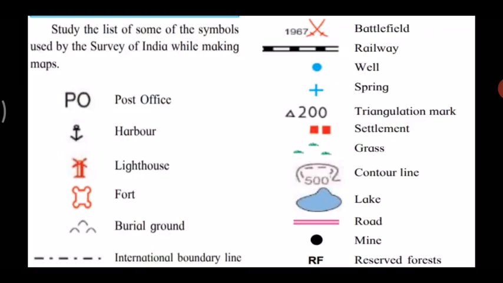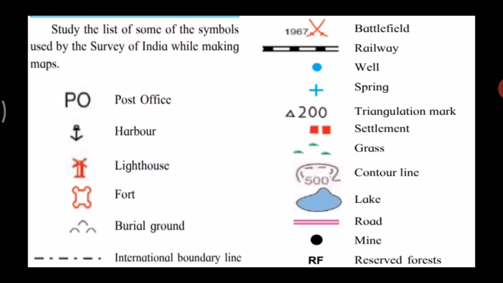Now let us have a look at some signs and symbols. Study the list of some of the signs and symbols used by the Survey of India while making maps. The first one is PO, which stands for post office. Then there is a symbol for harbor. Similarly, symbols are shown for lighthouse, fort, burial ground, and international boundary line.